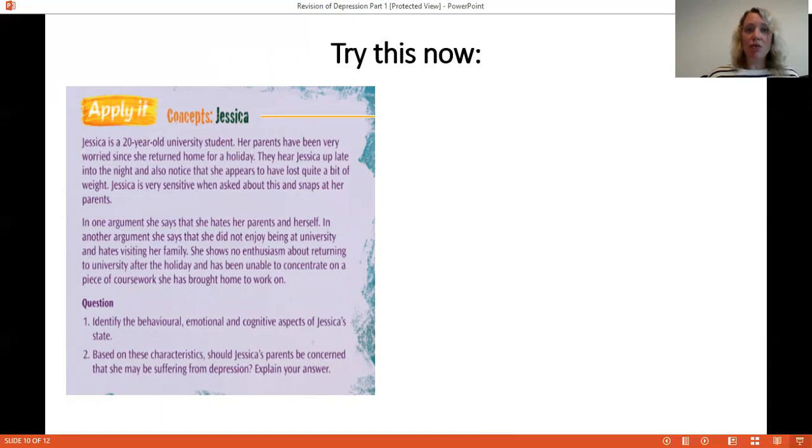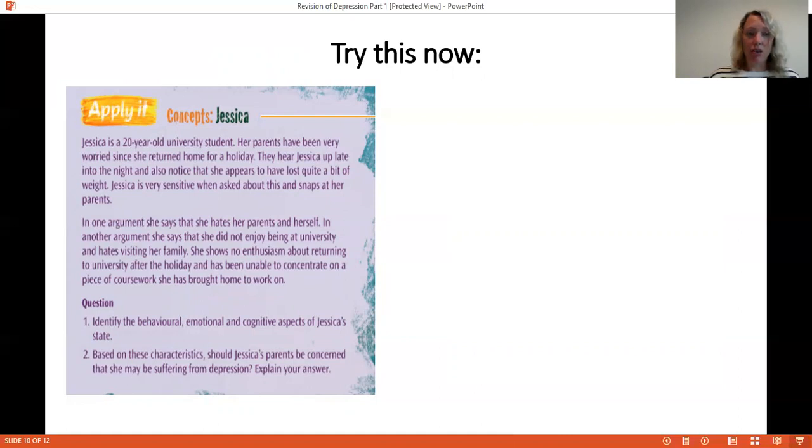Jessica is a 20-year-old university student. Her parents have been very worried since she returned home for a holiday. They hear Jessica up late into the night and also notice that she appears to have lost quite a bit of weight. Jessica is very sensitive when asked about this and snaps at her parents. In one argument, she says she hates her parents and herself.